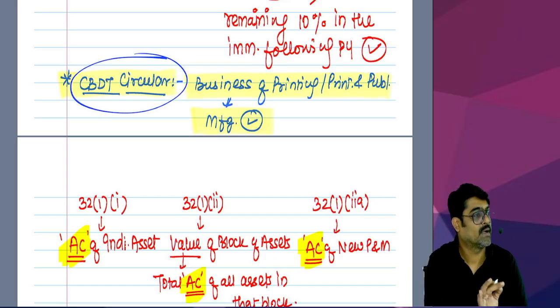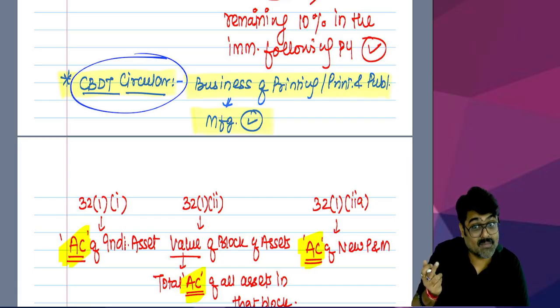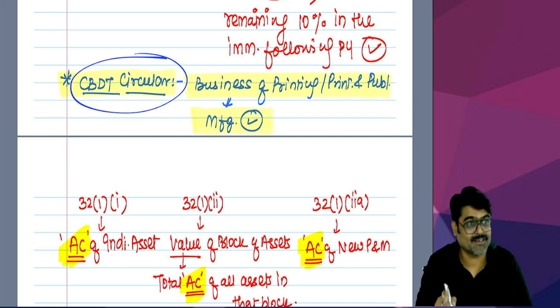Now every assessing officer, the entire income tax department, will have to follow this, binding on them. But don't you think this is a beneficial circular for those assessees who are in this business? Because their business is treated as manufacturing business, whatever new plant and machinery they bring, they are eligible to get additional depreciation.